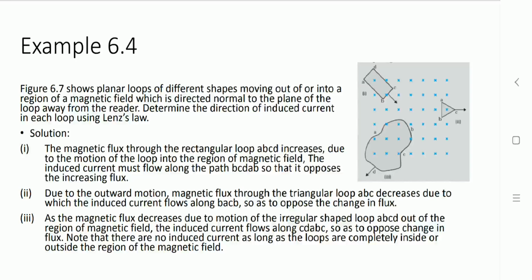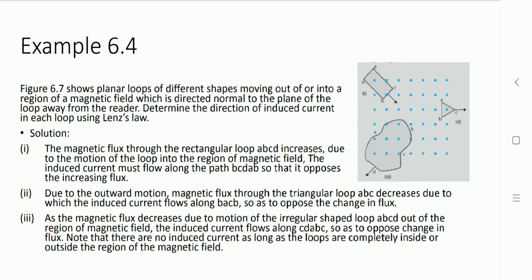Second loop, the triangle one, is moving out of the magnetic field region. So we can say that the current is flowing in the clockwise direction. So my current direction is B, A, C, B. Third loop, the irregular shape, is also moving away from the magnetic field.